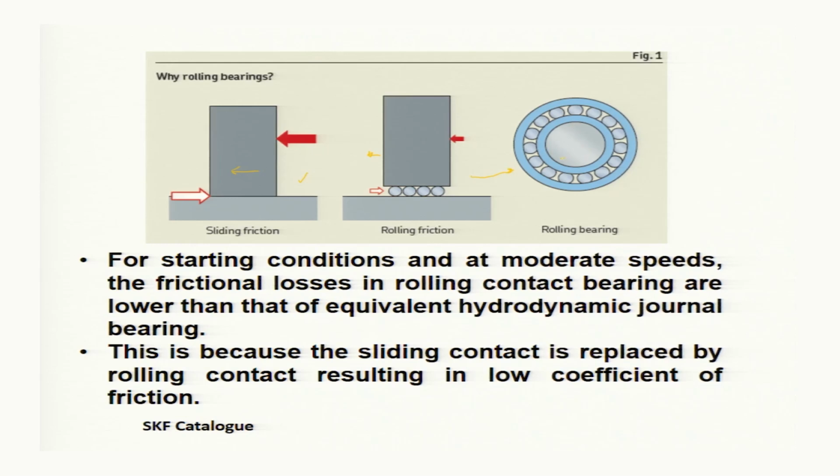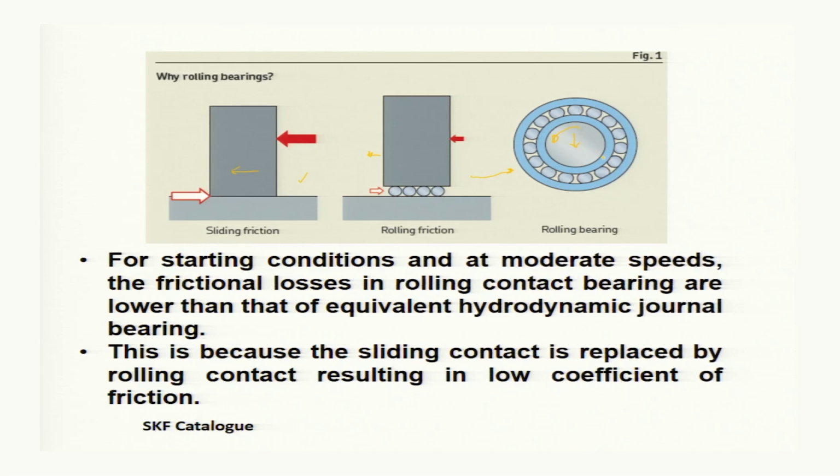The shaft which is shown inside is separated by these rollers, and when the shaft rotates and a certain mass is there, this mass is supported by these balls, and when the shaft rotates, these balls will also rotate, and thus there will be a rolling friction between these two surfaces.